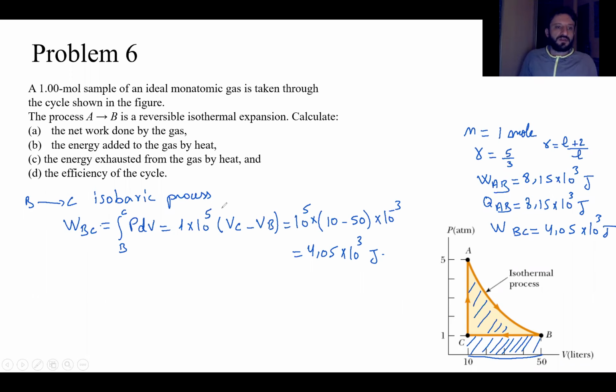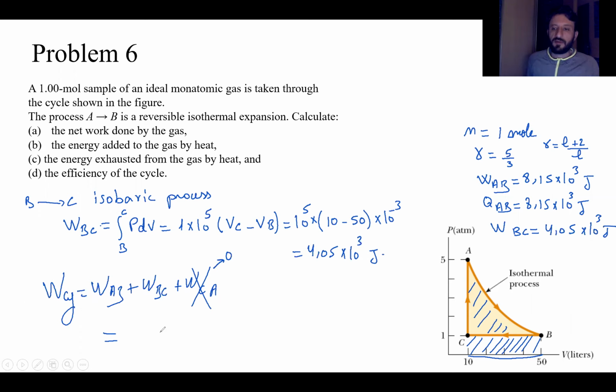Okay, this is the total work done by the cycle equals W_AB plus W_BC plus W_CA, which is equal to 0. So here, be careful.